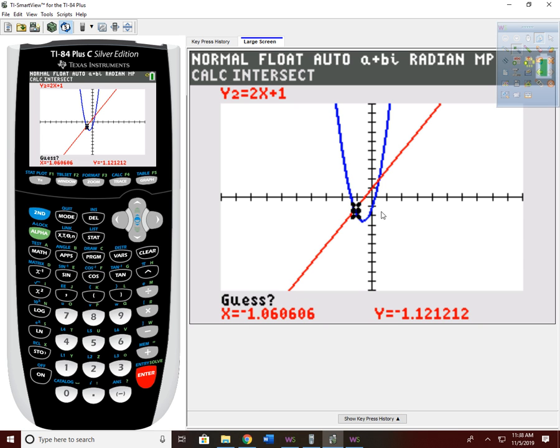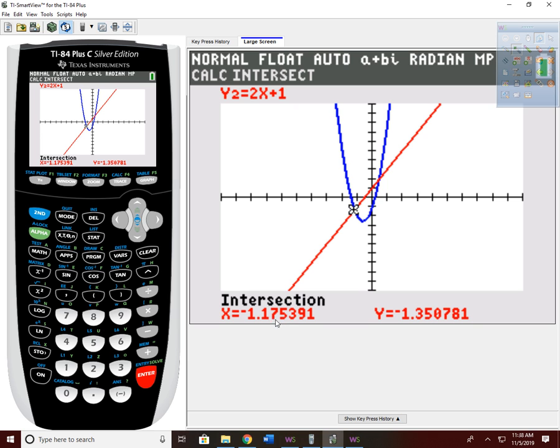Press enter. And it's going to tell you that that is negative 1.175391 and negative 1.35. We will just round to the nearest, let's do hundredths. So 2 decimal places. That means if I look at the second decimal place, I see behind that is a 5.